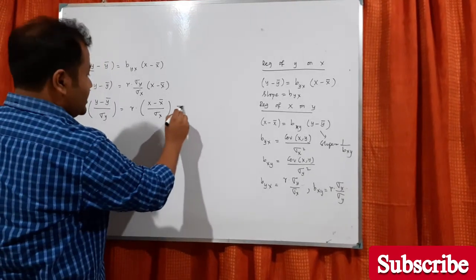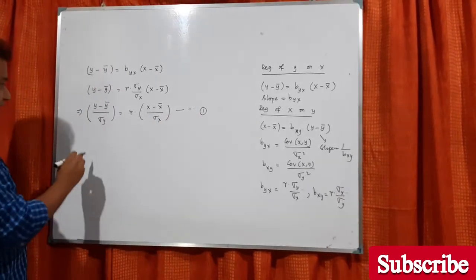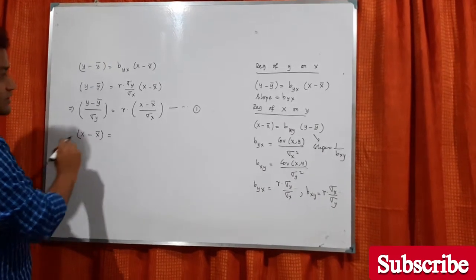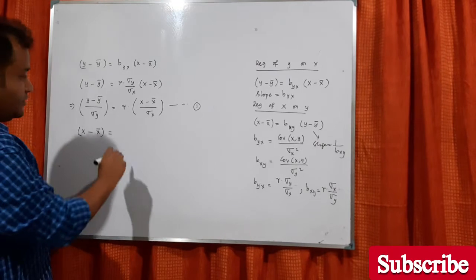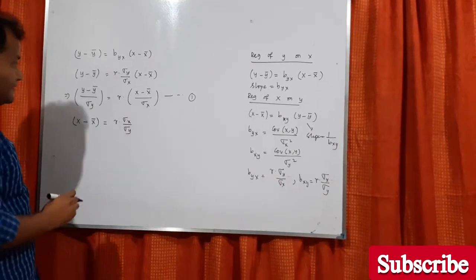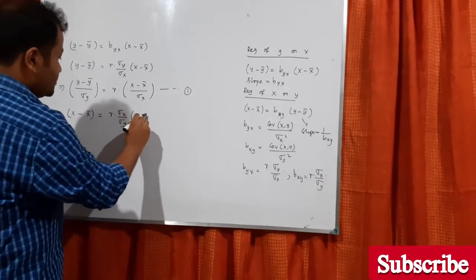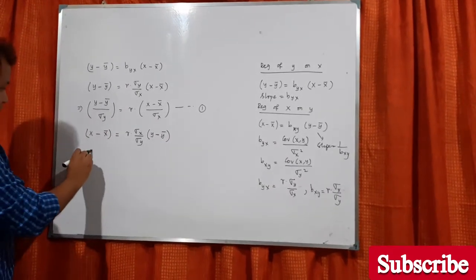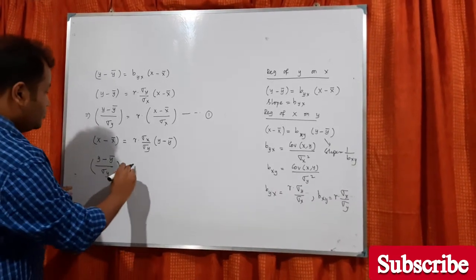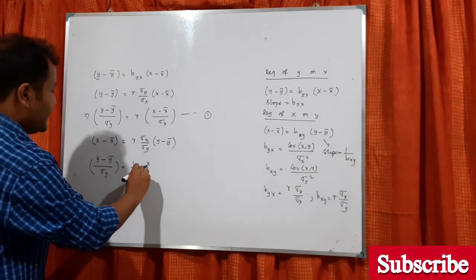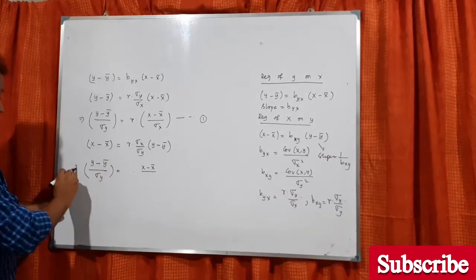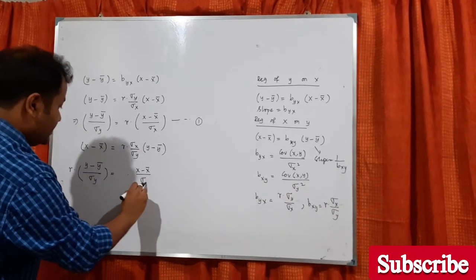Similarly, this is equation 1, and the second equation will be x minus x bar equals bxy, that means r sigma x by sigma y, times y minus y bar. So we can write y minus y bar by sigma y equals 1 by r times x minus x bar by sigma x.